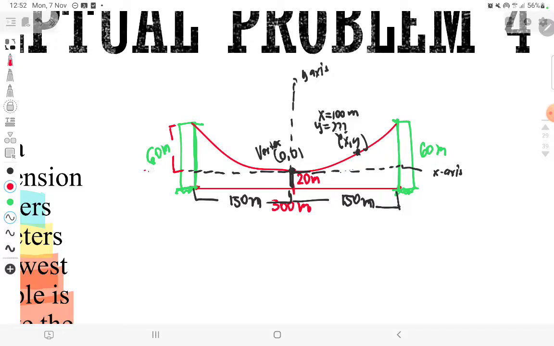So this will be 60 minus 20, which is equal to 40 meters, considering the vertex at 0, 0. Now from this we'll have 40, 40.